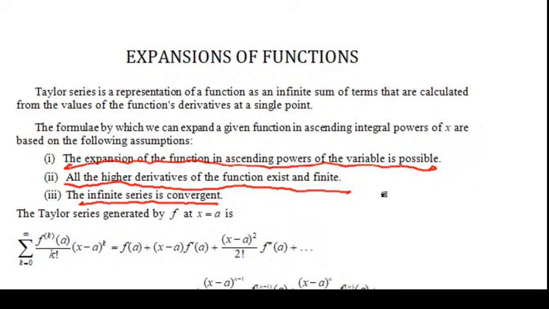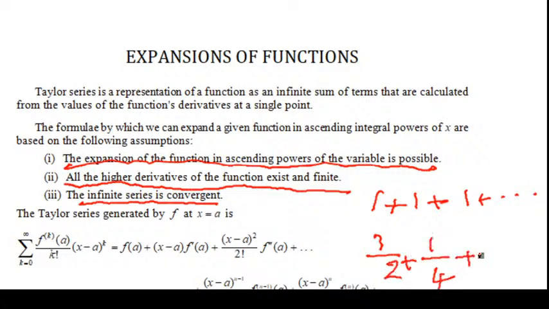For example, if we consider the series 1 plus 1 plus 1 plus etc., it is a divergent series. At the same time, if we consider the series 1 by 2 plus 1 by 4 plus etc., then it is a convergent geometric series with a common ratio 1 upon 2.